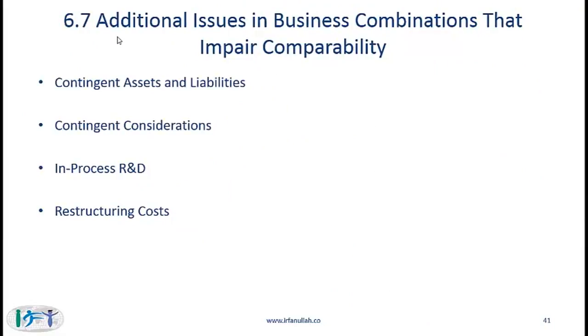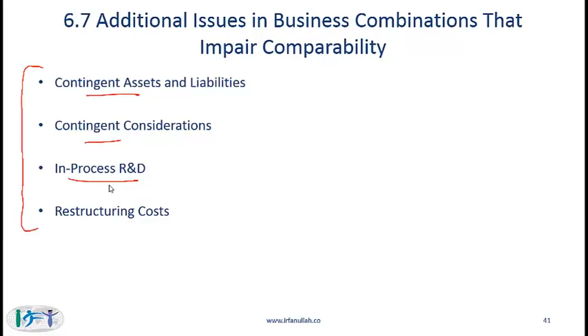Section 6.7 describes additional issues in business combinations that impair comparability. There isn't much detail in this section, and I don't think it is very testable. What the curriculum talks about is subtle differences between IFRS and US GAAP in these categories, and the basic idea is that there is a fair amount of subjectivity involved in these items, such as contingent assets and liabilities, contingent considerations, how to record in-process R&D.